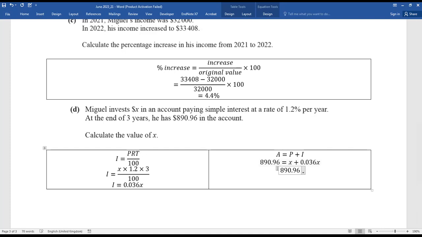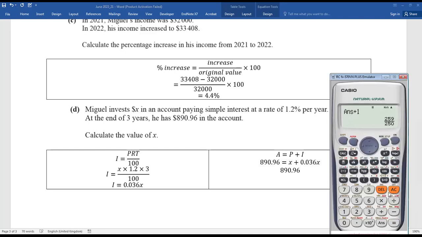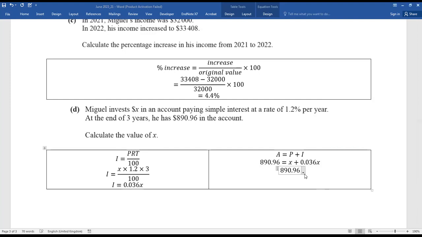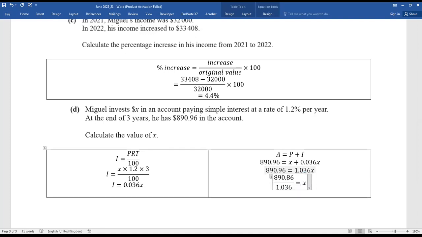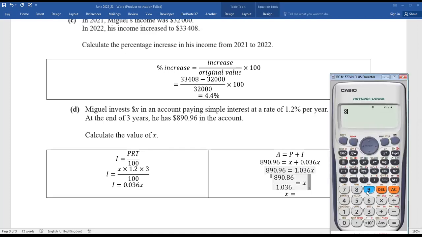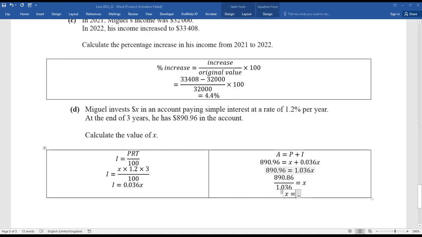This amount will be added to 1, which is 1.036x. So 890.96 will be divided by 1.036 and we get the value of x. Using the calculator, 890.96 divided by the answer. So the value of x is 860.